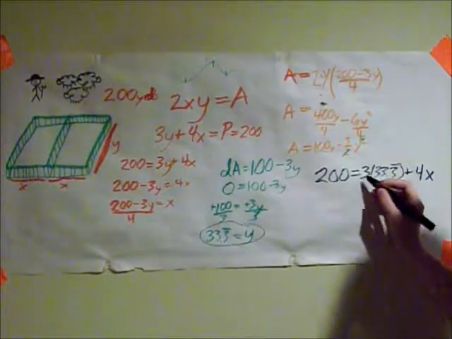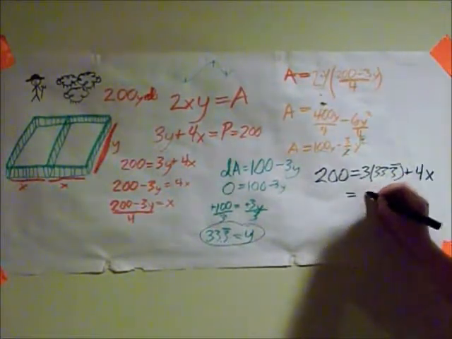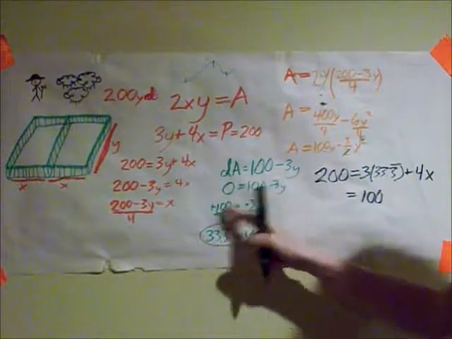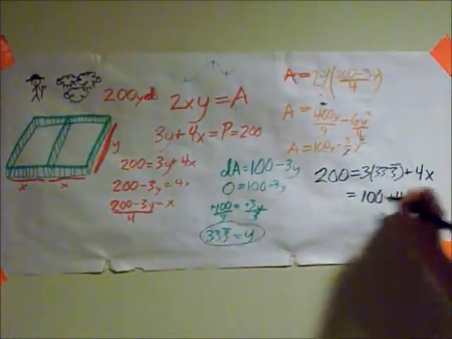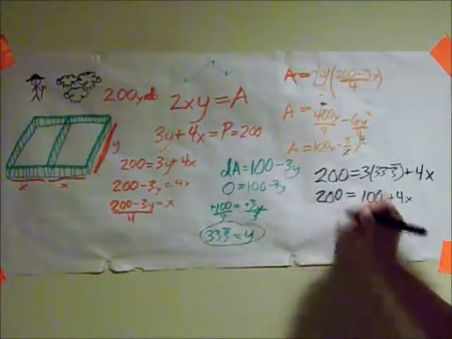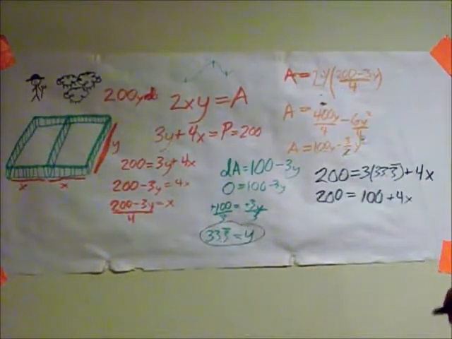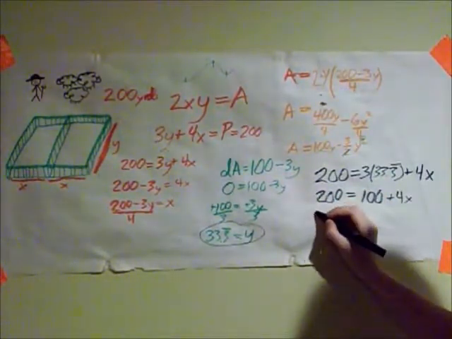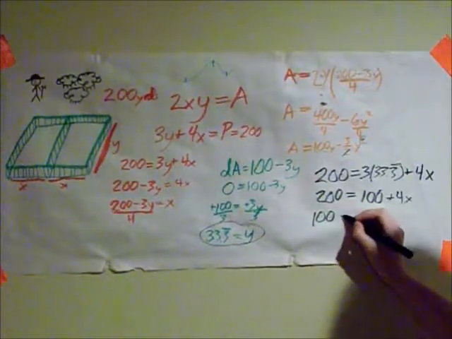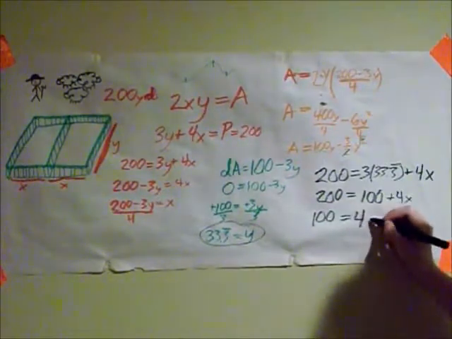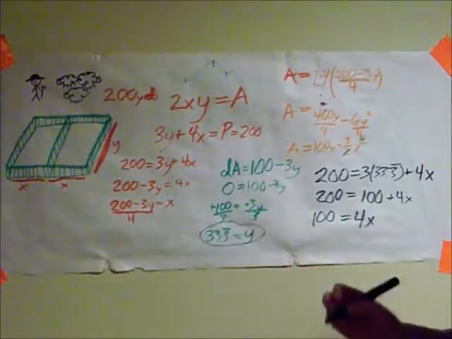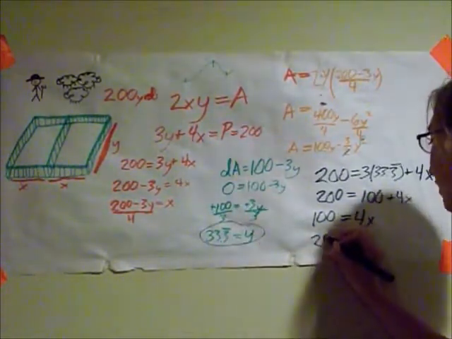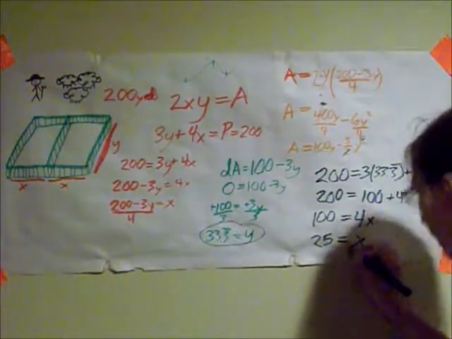So we know that this is obviously 100 because we just did the reverse of that back here, plus 4x equals 200. Perfect. So what we're going to do now is subtract the 100, so that 200 becomes 100 equals 4x, and then we all know 100 divided by 4 is complicated. 25 equals x.